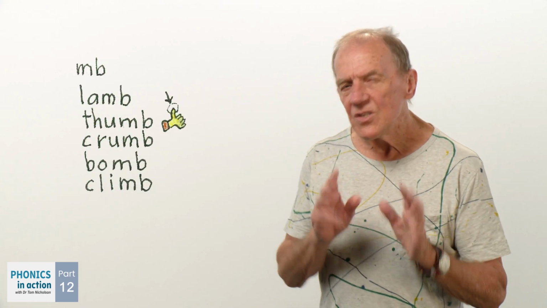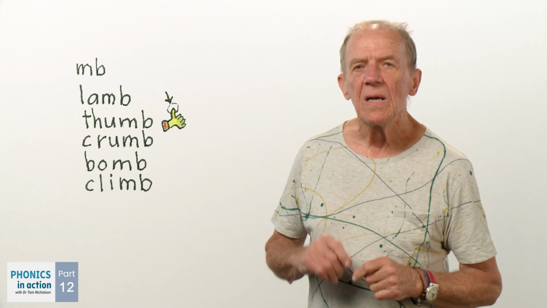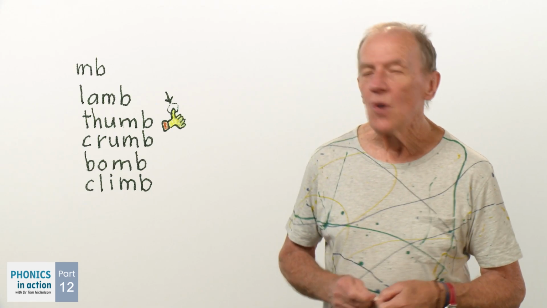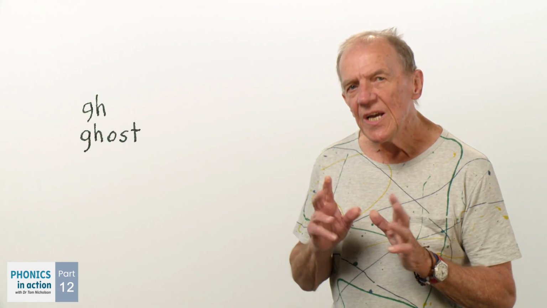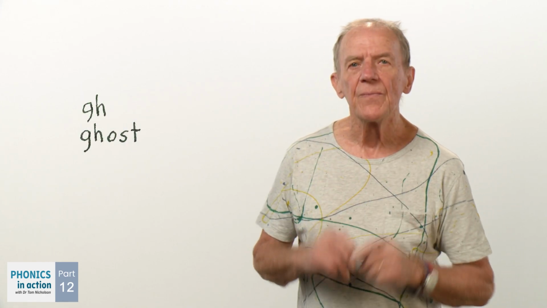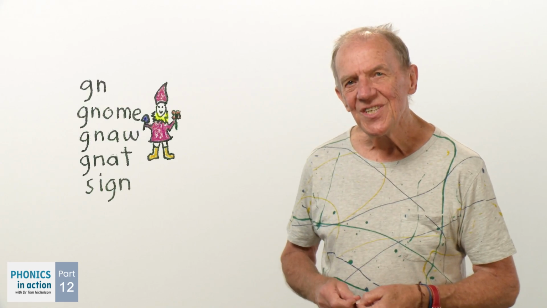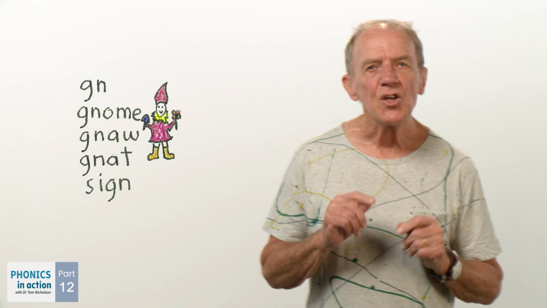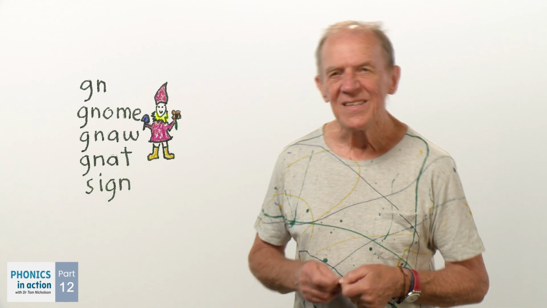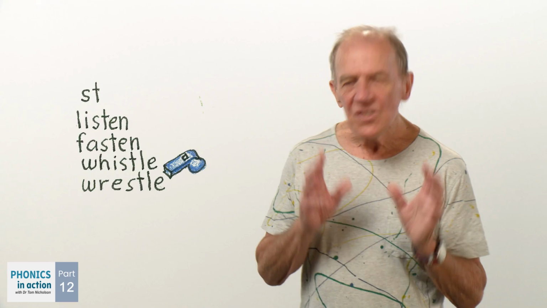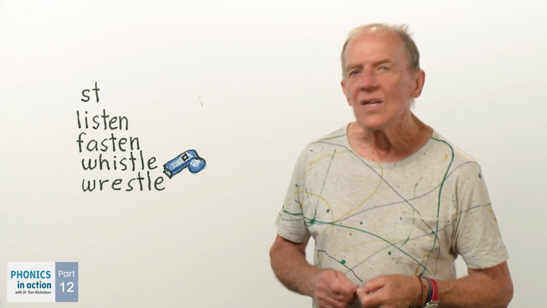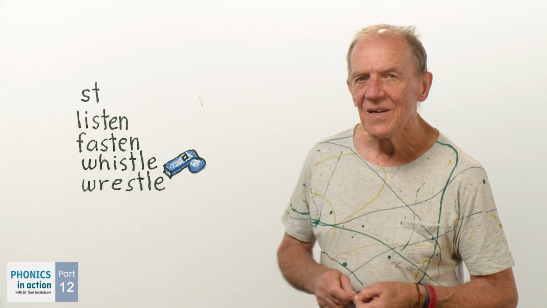The MB just says M: lamb, thumb, crumb, bomb, climb. The GH says G: ghost. The GN says N: gnome, gnaw, gnat, sign. The ST just says S: listen, fasten, whistle, wrestle. Shall we read the words together?